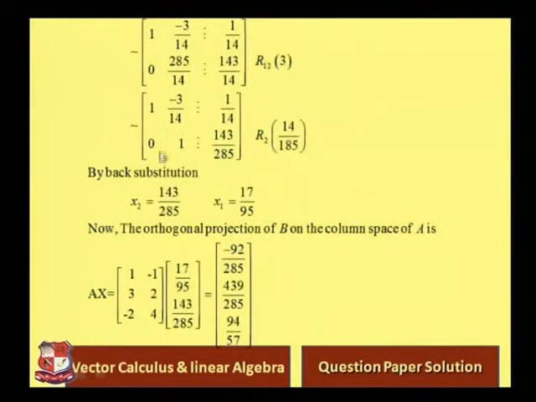So we get 1 divided by 285, and then apply the back substitution rule. So here x2 equal to 143 divided by 285, and using this value in the first row, that means x1 minus 3/14 x2 equal to 1 upon 14, and substituting this x2, we get the answer x1 equal to 17 by 95. This is x1 and x2.